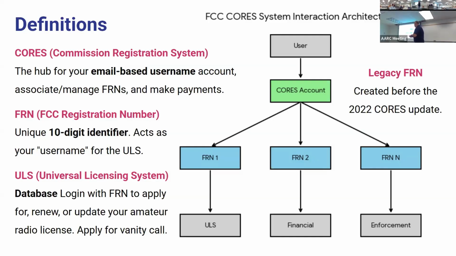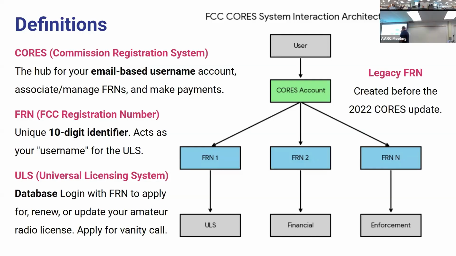And then we're going to talk more about that when we talk about access. For the license system, the Universal Licensing System, okay, the user ID for that system is your 10-digit FRN, your FCC Registration Number. Okay.